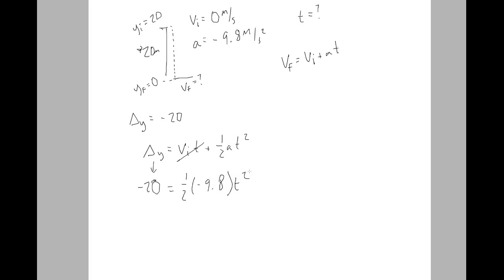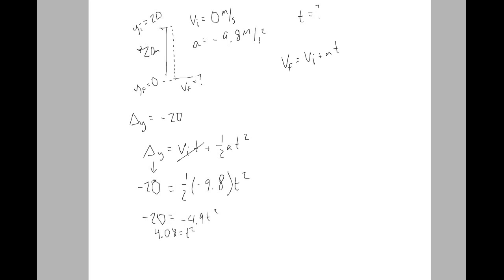So I can solve for t by, first I can distribute that 1/2, so I've got negative 20 equals negative 4.9 t squared. So divide both sides by negative 4.9, and you get an answer of 4.08 equals t squared.